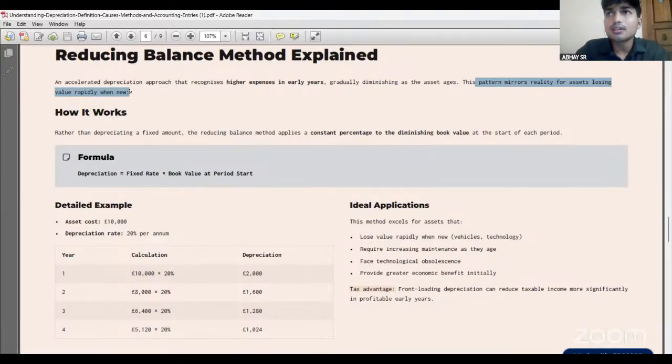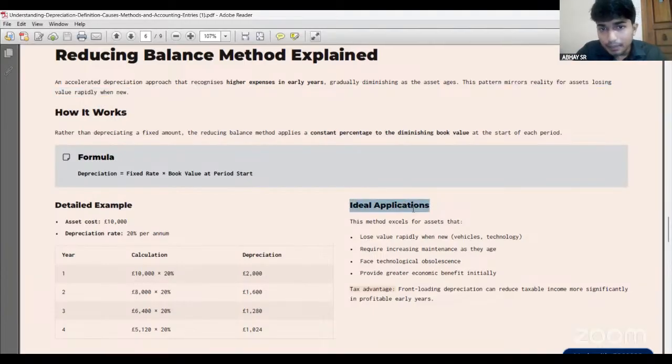In the first year itself, if I bought a car for 10 lakhs, and by using it for 1 year, suddenly there would be a reduction of 1 lakh or 2 lakhs, right? I won't be able to sell it for the same amount. So for that rapid change, or rapidly losing value, the reducing balance method works.